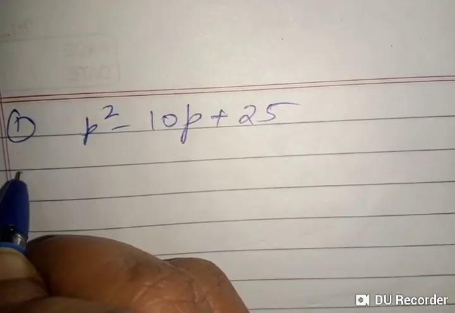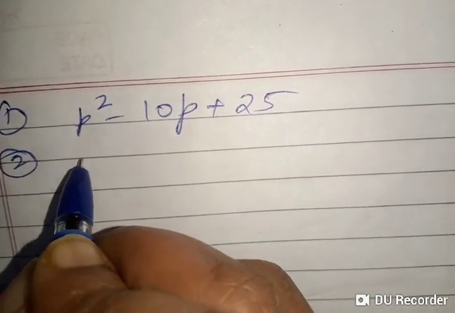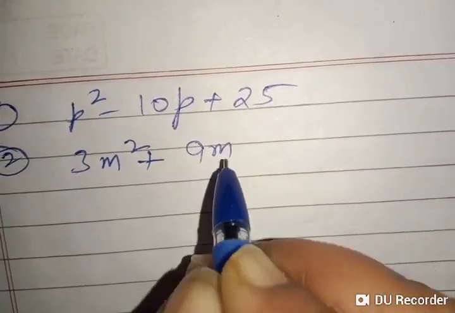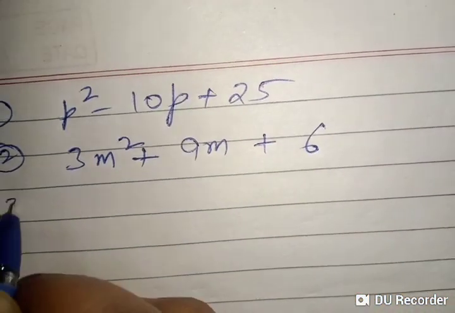First is p square minus 10p plus 25. You must be thinking that these are very easy questions. We all know how to do that, but I am telling you factorization right from the beginning.